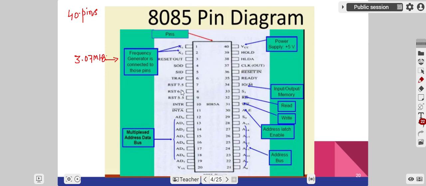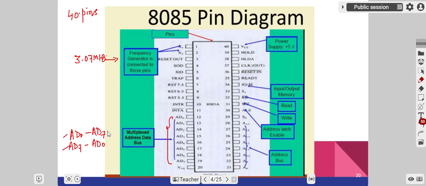On the other hand, if we segregate these pins into specific groups, there is one group here, which is AD0 to AD7, or in some books, vice versa, AD7 to AD0.